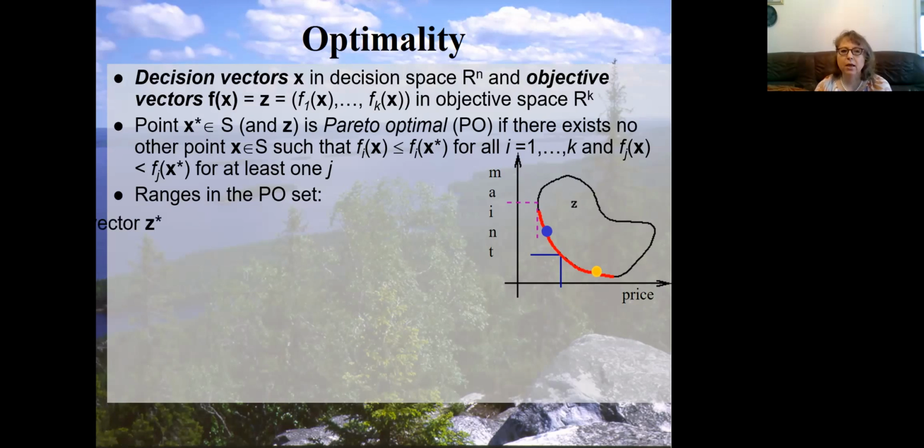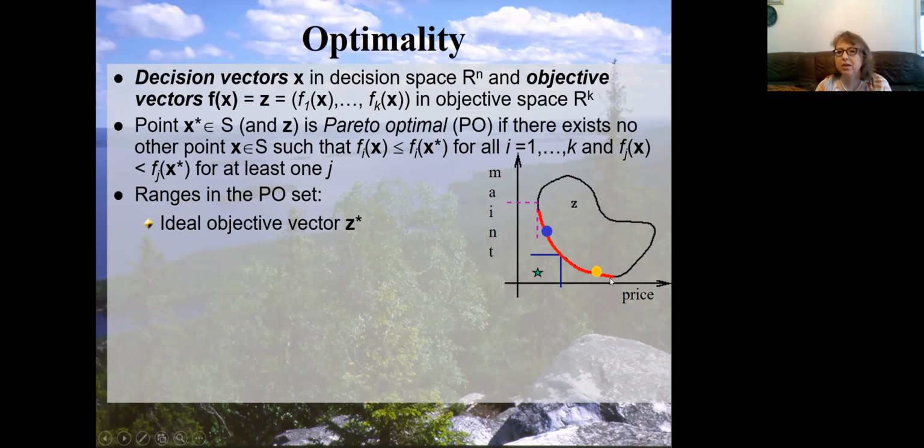And as said, we know how the feasible region is mapped into the objective space by the objective functions, and we can get some additional information about this set with the help of a so-called ideal objective vector. So a vector in the objective space that consists of the best individual values of the objective functions.